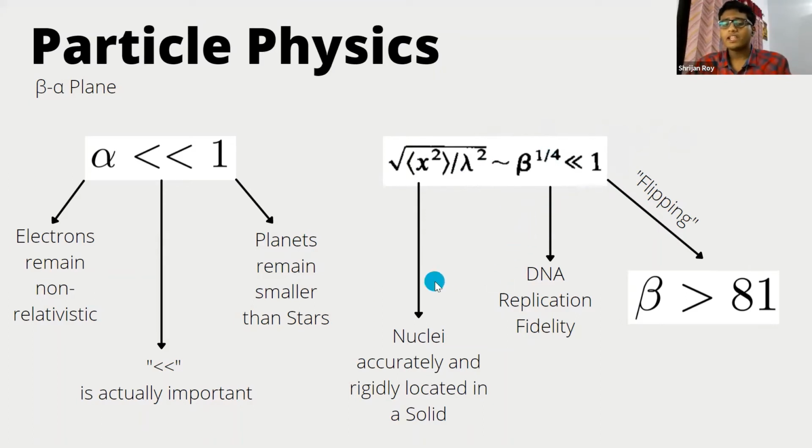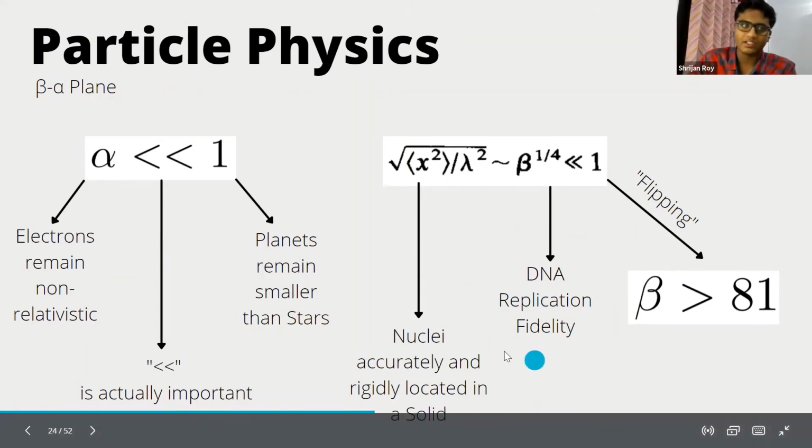Some of the implications of this: as this is derived from the fact that the relative fluctuation of the ion in the lattice should be less than 1, the nuclei in the lattice are accurately and rigidly located in a solid. It doesn't fluctuate a lot. And if it fluctuates a lot, it will cause problems in DNA replication fidelity.